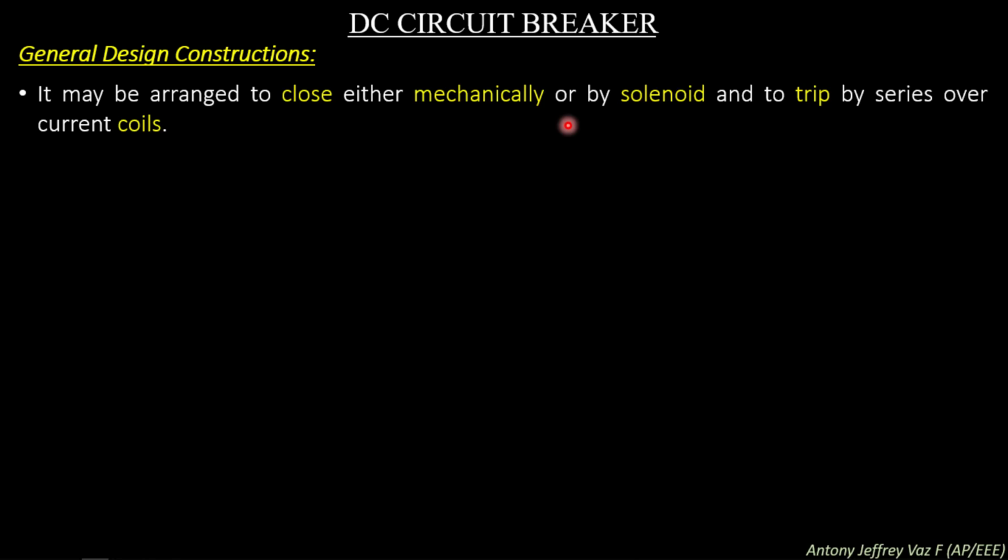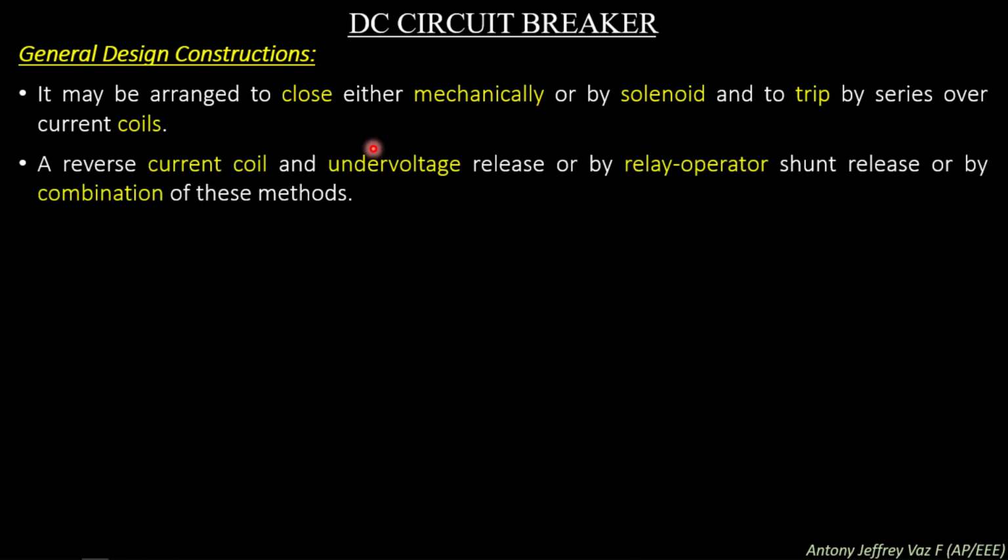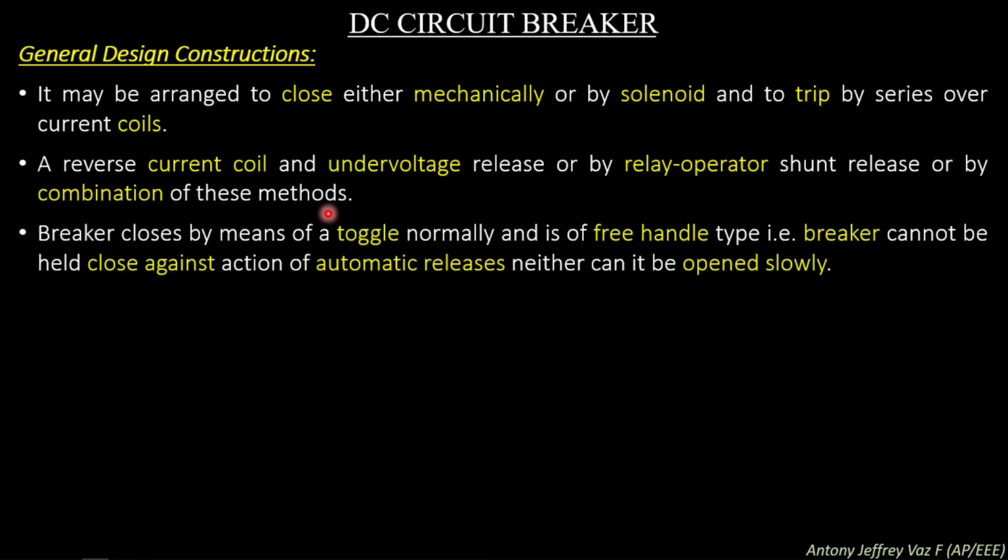So the arrangement is tripped mechanically using a solenoid coil, a reverse current coil, an under voltage release coil, or a relay operated shunt release, or by a combination of these methods. So by using all these methods we can trip the DC circuit breaker.